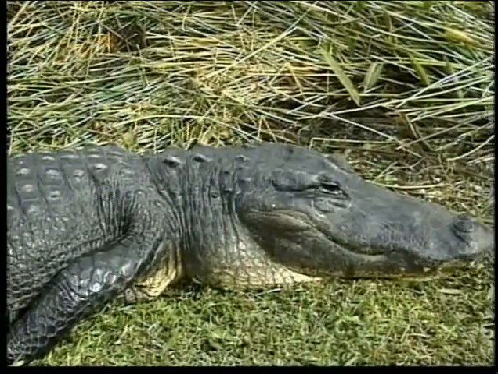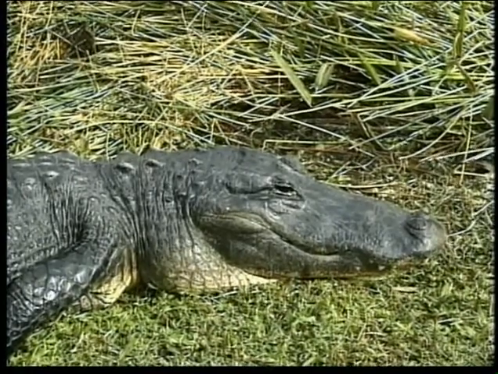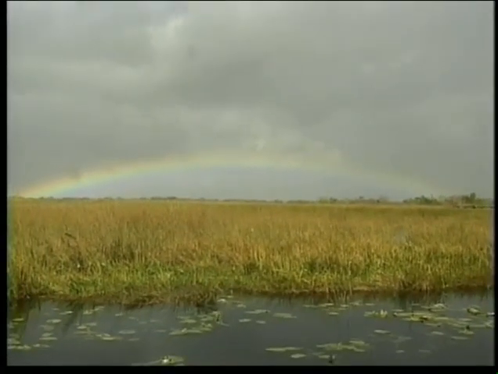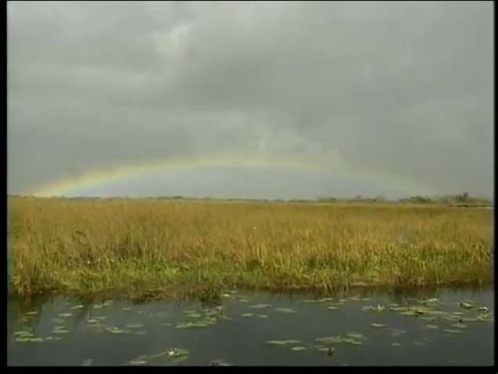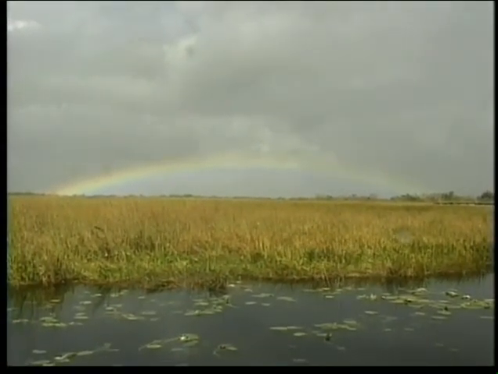This climate in South Florida is very different from the arid climate of southern Arizona. You decide. How is this climate different from the desert? The climate here in South Florida is much wetter, as we've said.